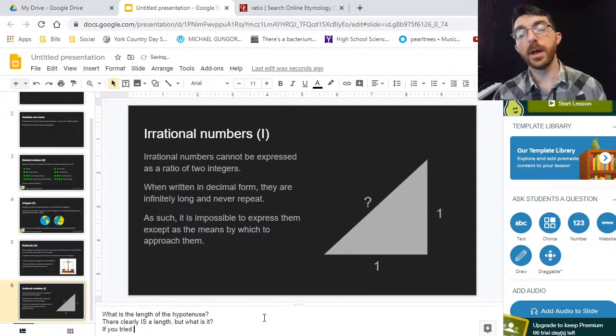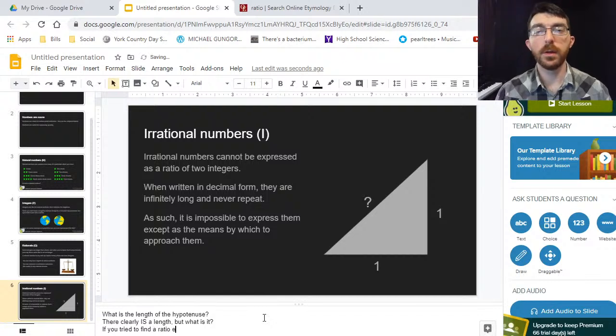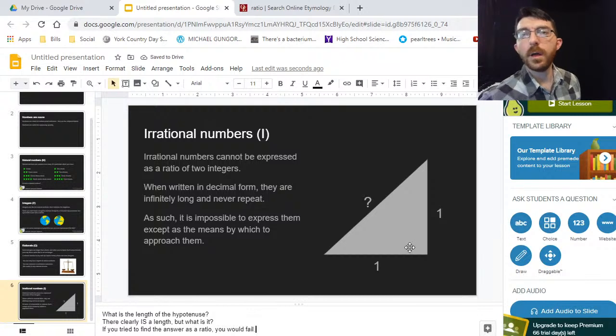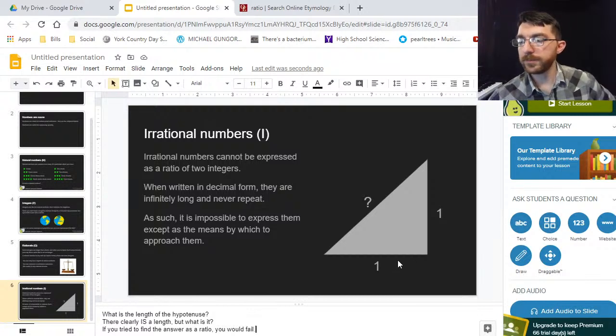If you tried to find the answer as a ratio, you would fail. Clearly there is a length, but it is some sort of unnameable length.